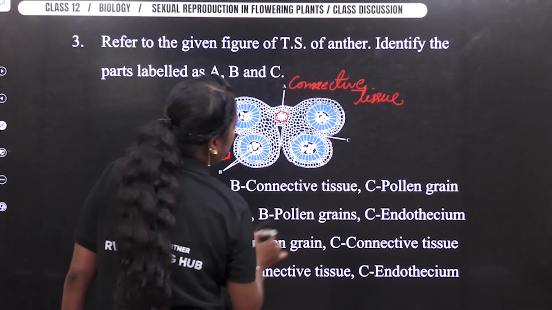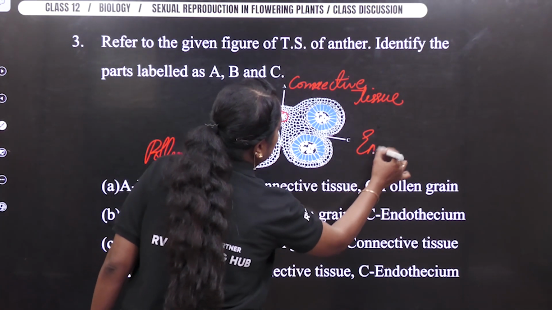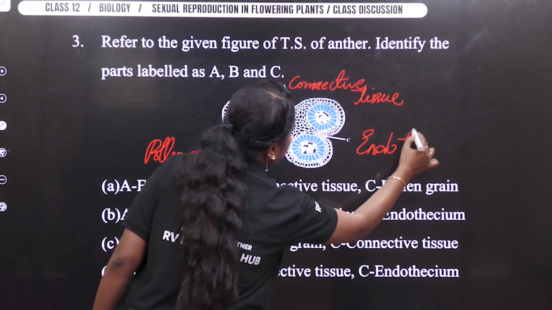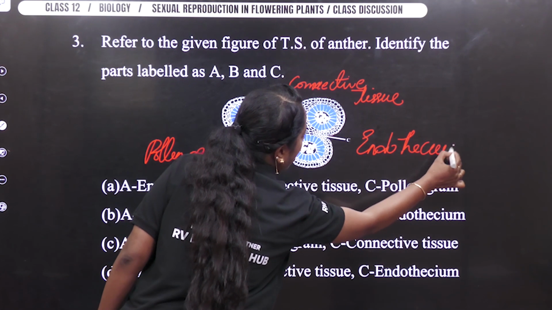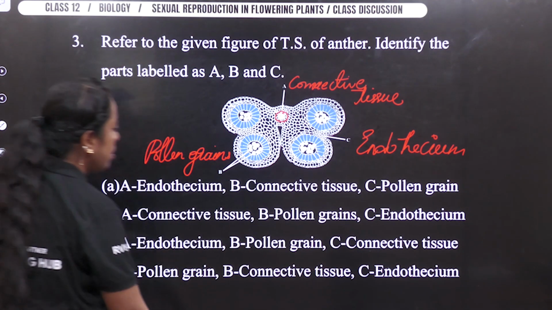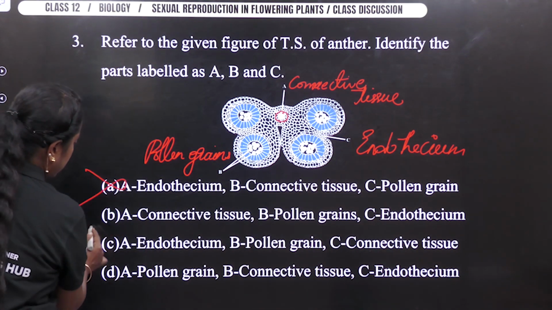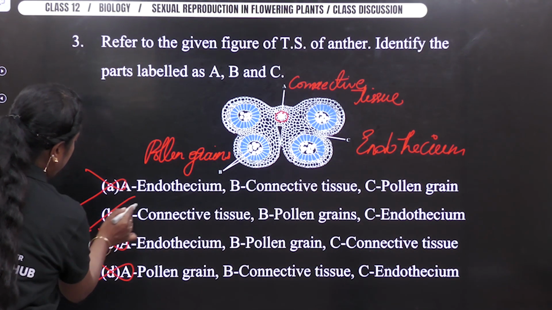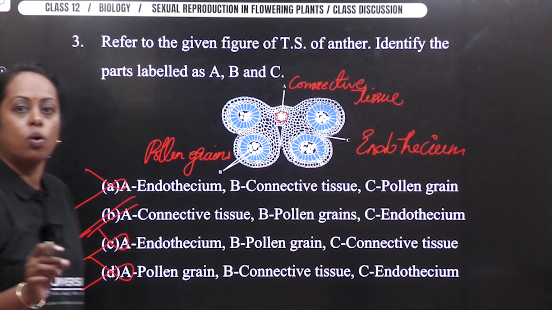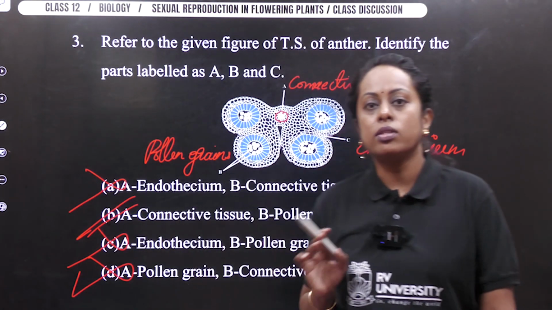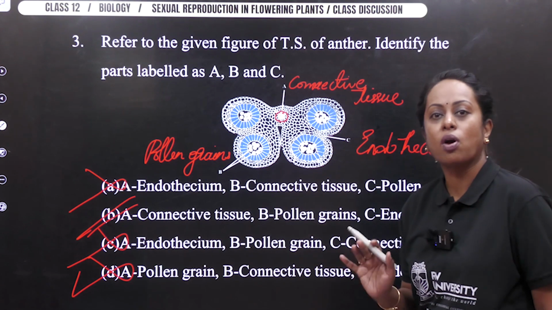Then you have C, endothecium. I don't know whether you are able to focus on the endothecium. So A is not endothecium, A is not pollen grain. Thereby your answer becomes option B. Go ahead, check whether you have also marked option B as your answer.